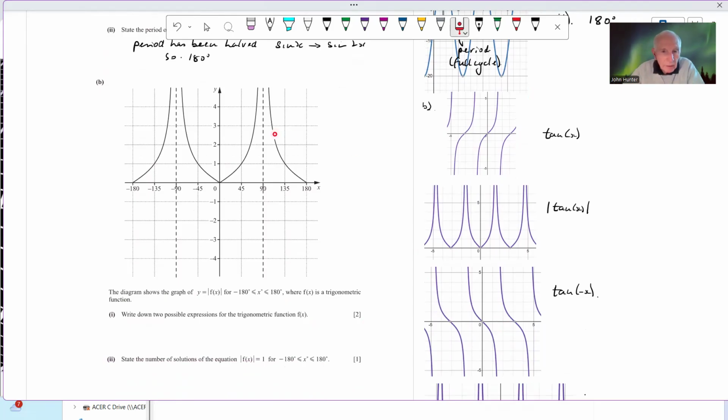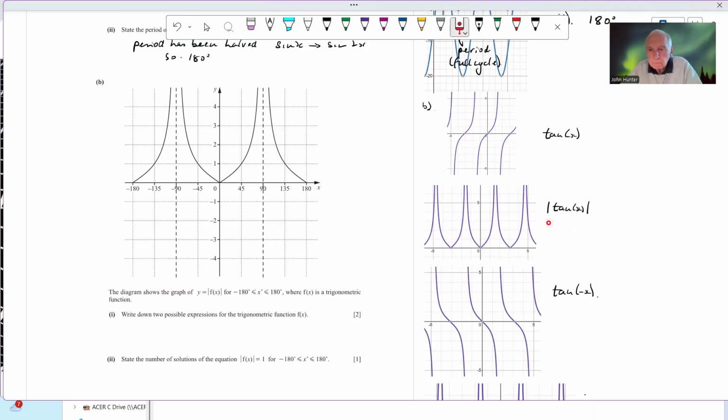Well, I think we probably have to just spot that this starts life as being a tangent curve. This is tan x here. And if we were to take the absolute value, sometimes we use the term modulus, but the term modulus is used for other things. So for this sort of thing, better to stick to the idea of absolute value.